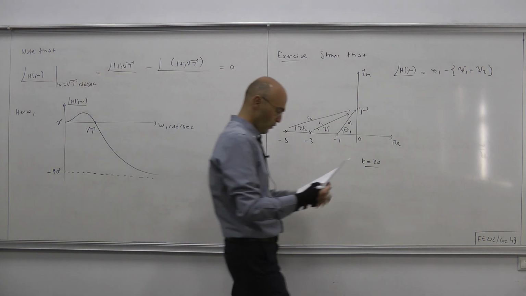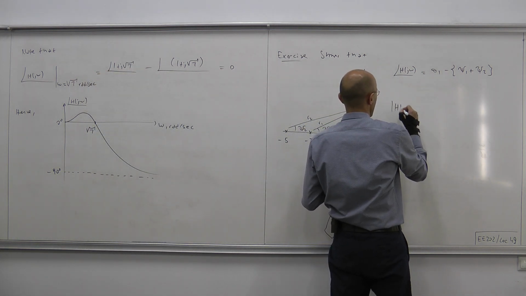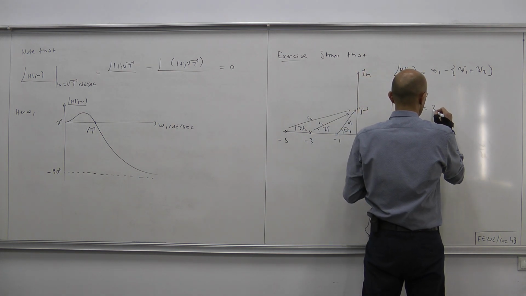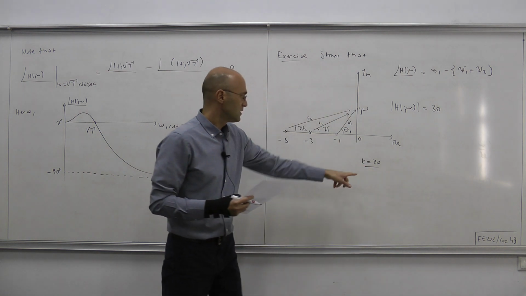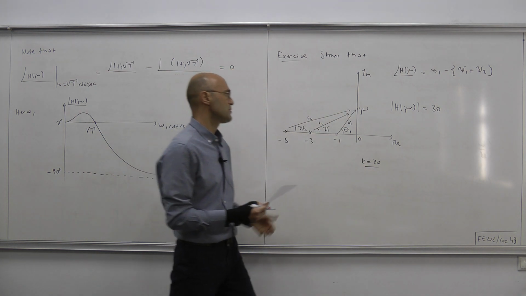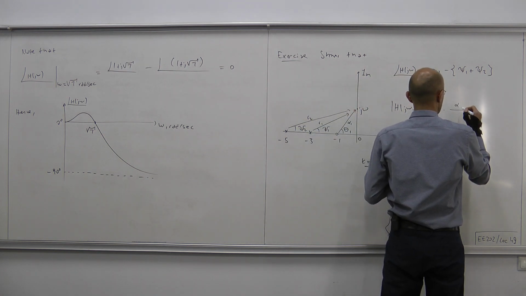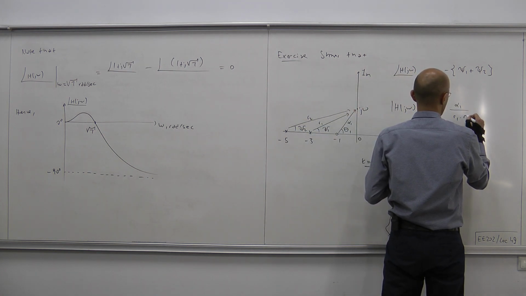As for the gain, the magnitude of H(j omega) equals the gain K times this ratio, alpha 1 over R1 times R2.